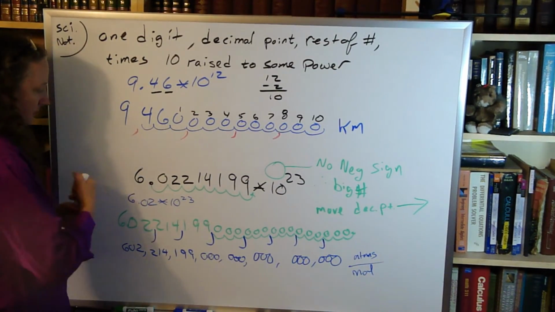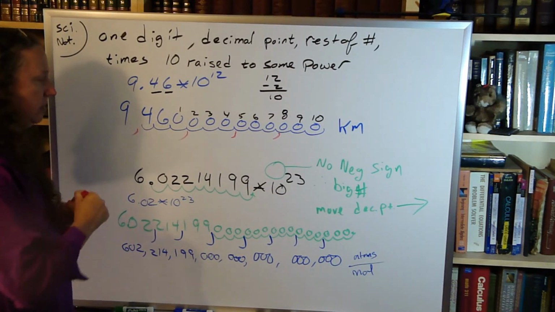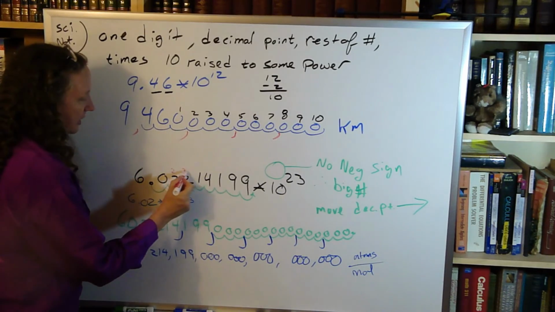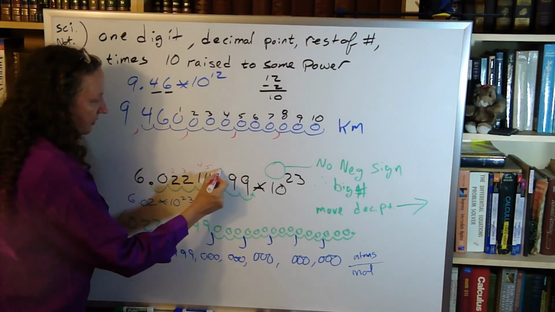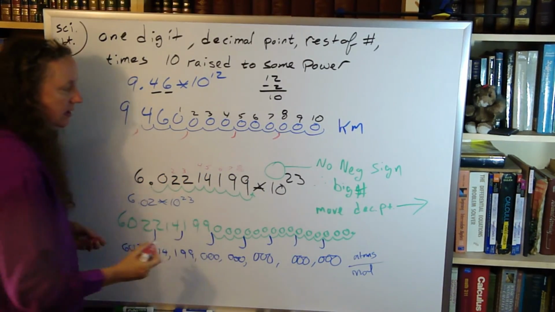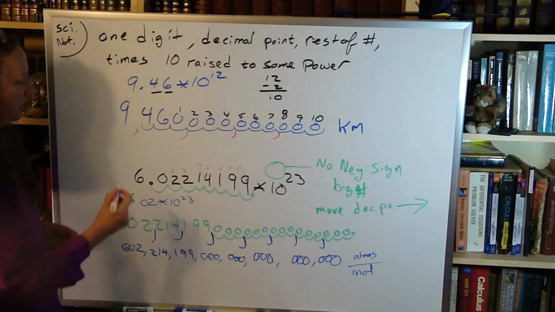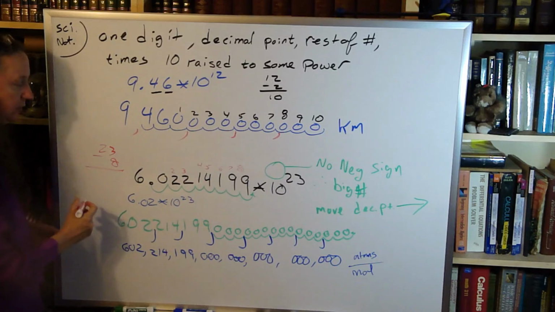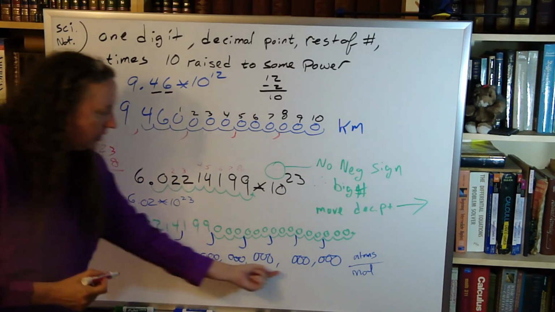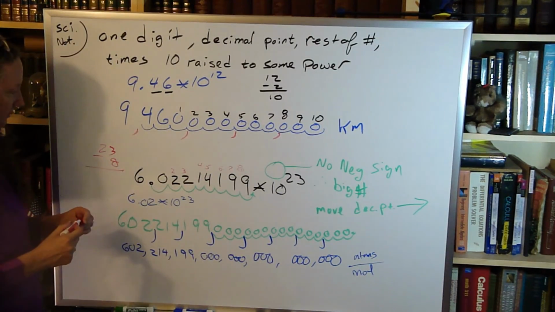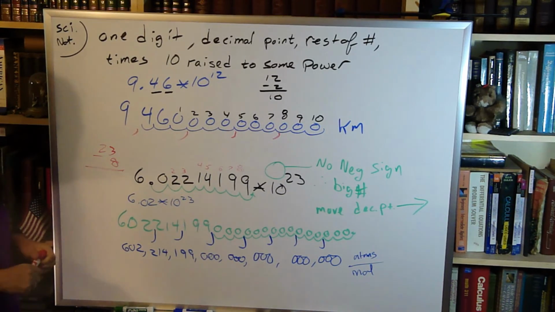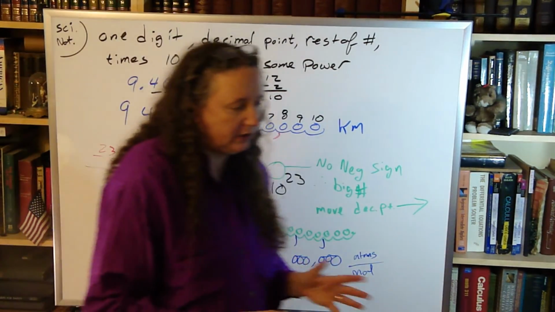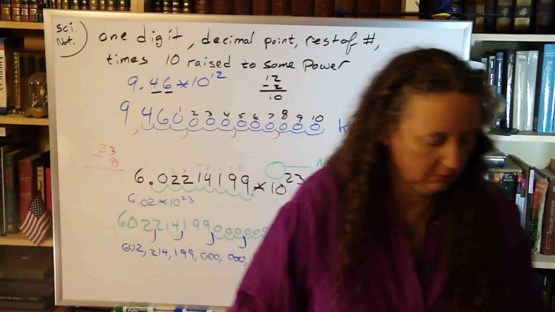I have 1, 2, 3, 4, 5, 6, 7, 8 numbers there. So I can take my 23 minus 8, and that will tell me how many zeros I need to have. It's a little shortcut if you want to use it. If you don't, you don't. It's up to you.